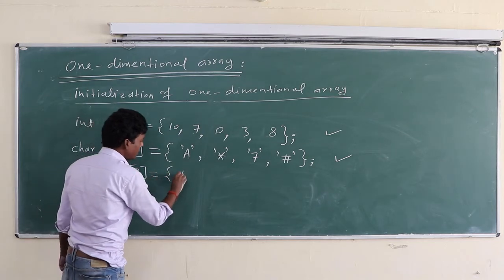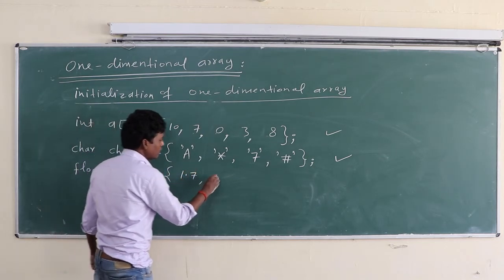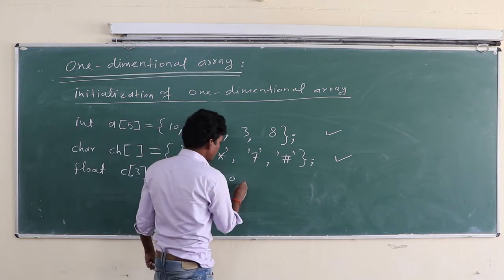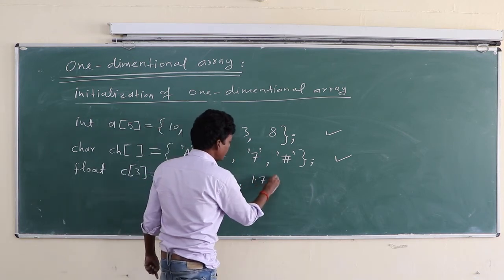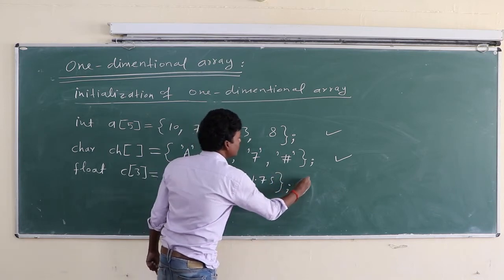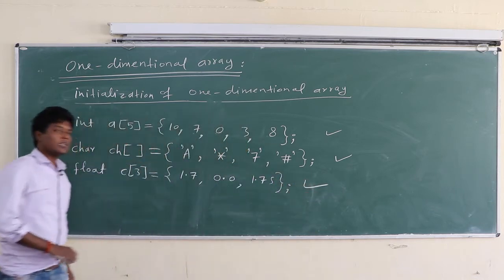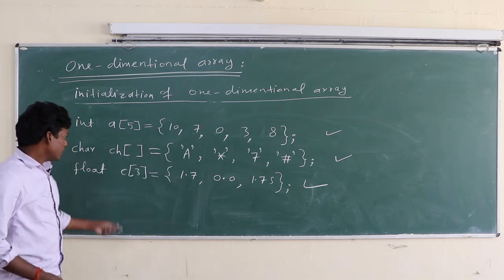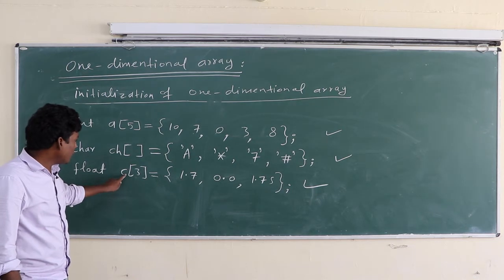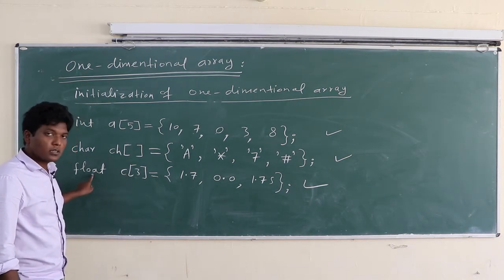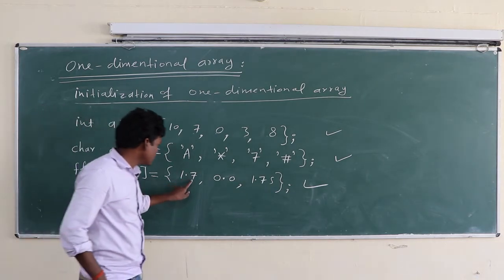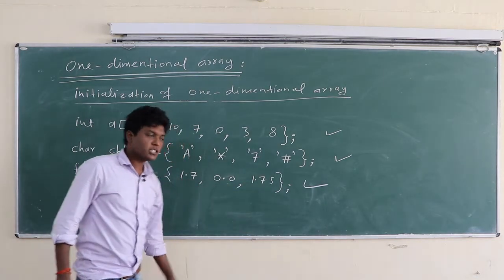So we write here 1.7, 0.0, comma, 1.75. So this is also a valid initialization of an array. c is an array of floats, and c can store up to 3 elements. So this is also valid.